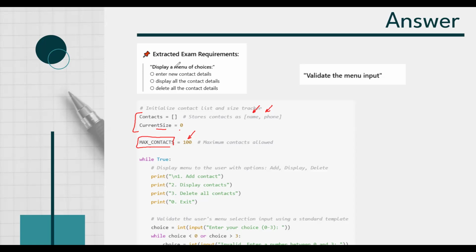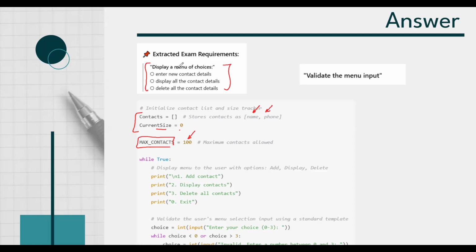At the moment, we are targeting this exam requirement, which talks about display. I extracted the text from the exam question here so that I don't keep moving forward and backward between the exam text and the solution I'm providing.